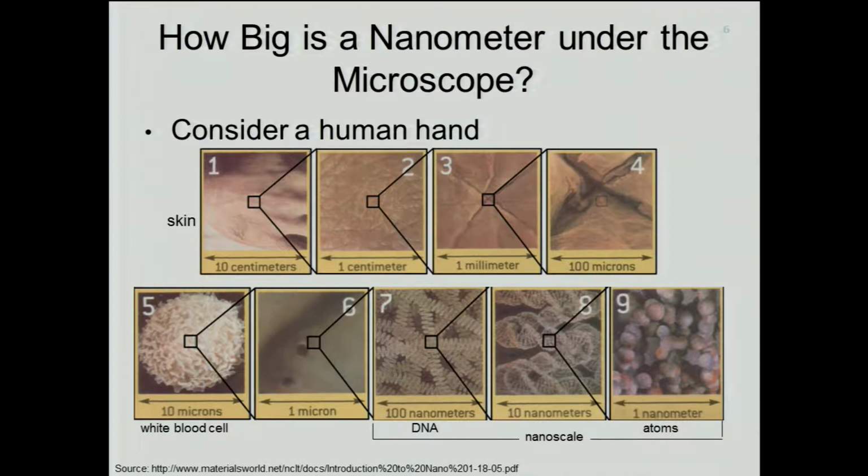In 1 millimeter you see that the skin has creases, you are seeing parts of the skin. At 100 microns, 10 microns, we see the size of blood cells, and at 1 micron you are actually looking inside the blood cells, inside the cells. At 100 nanometers, 10 nanometers, we are looking at DNA, and when we go to 1 nanometer we are looking at the individual components of the DNA.